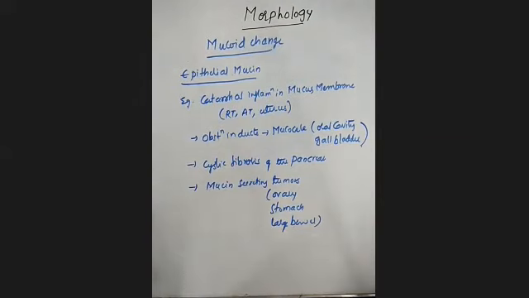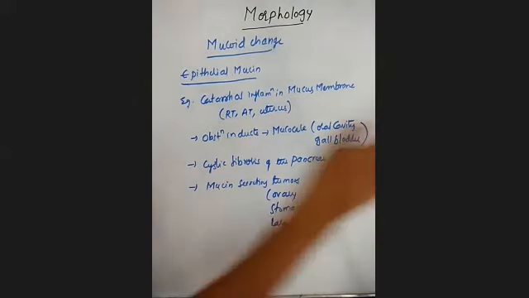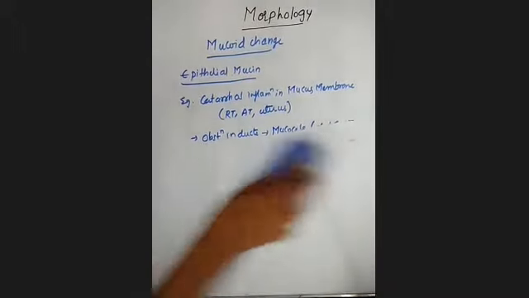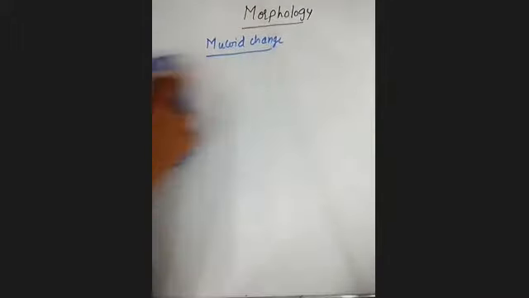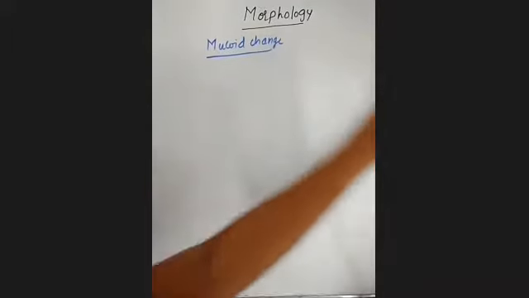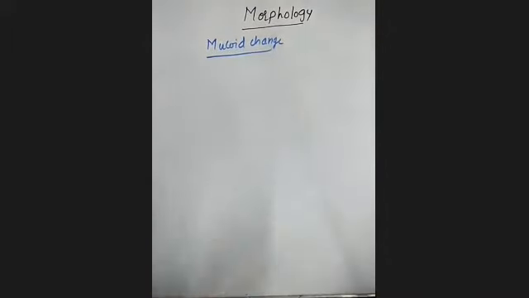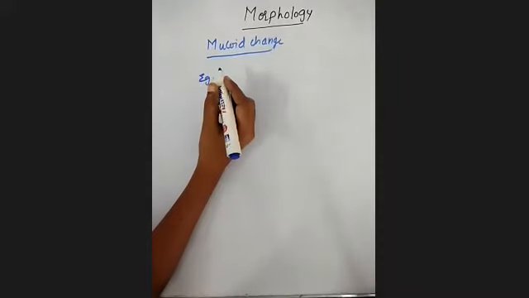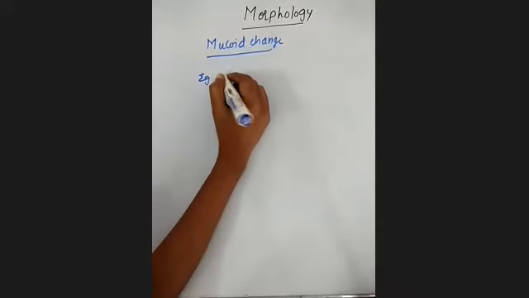And next we will discuss connective tissue mucin. Mucoid change means secretion of mucus and mucin. Connective tissue mucin means examples like myxoid degeneration.